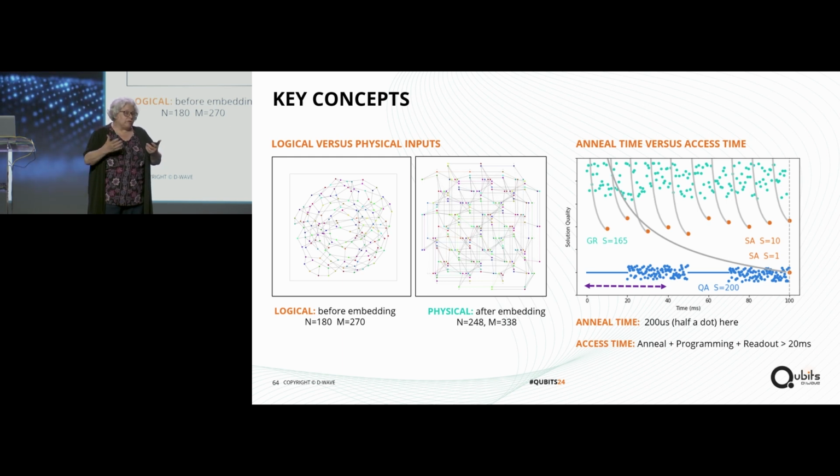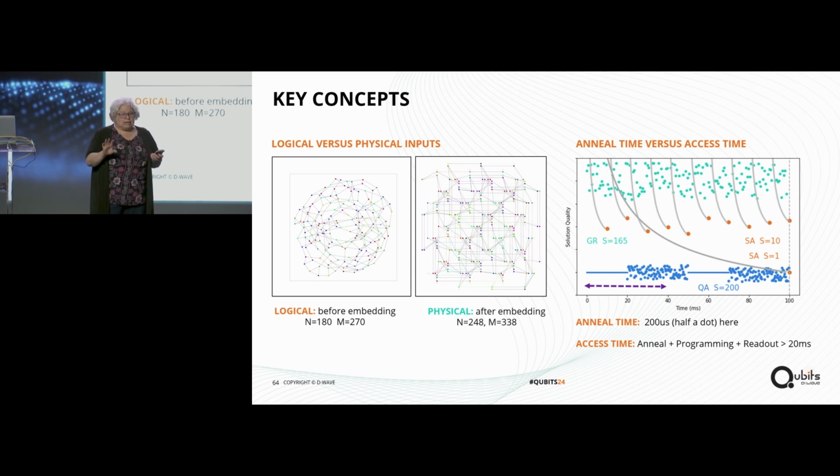It matters to your understanding of performance which of these graphs you're looking at. In particular, classical solvers, as a general rule, can just work on the smaller logical graph without having to embed it, and so they can maybe get a performance advantage because it's a smaller problem.